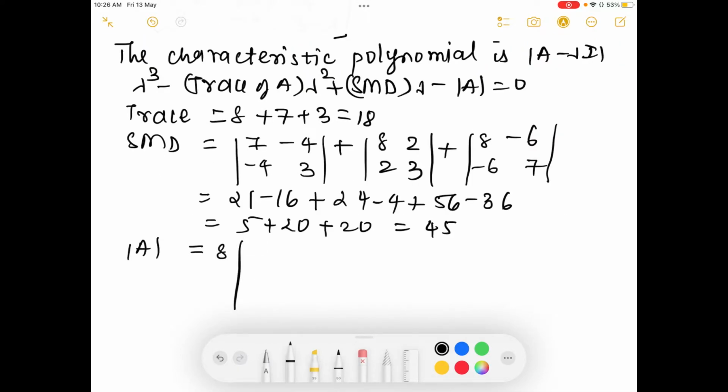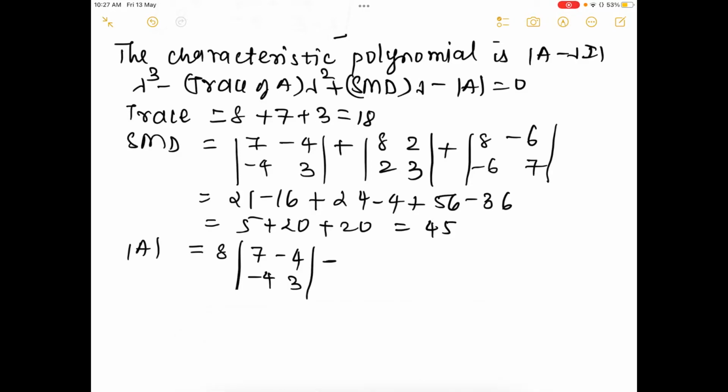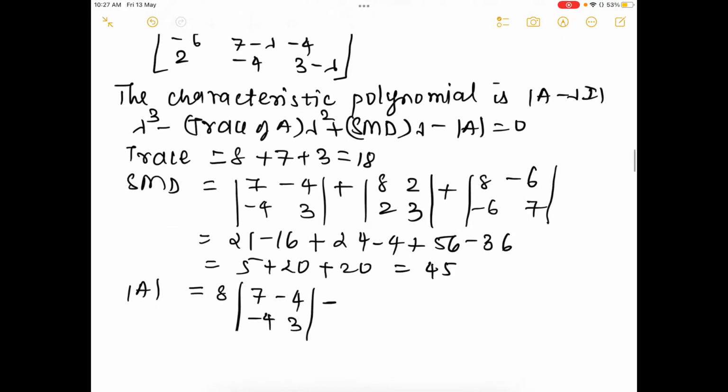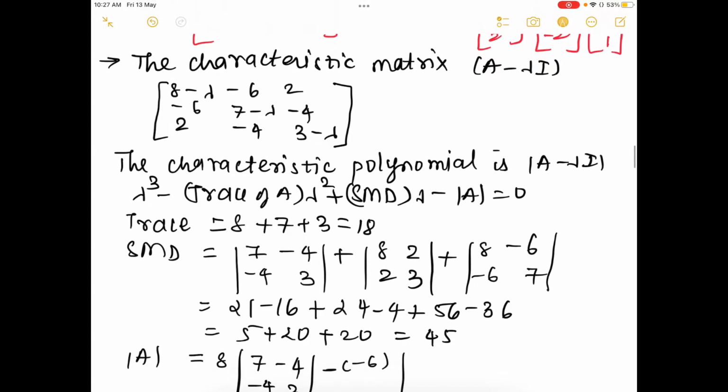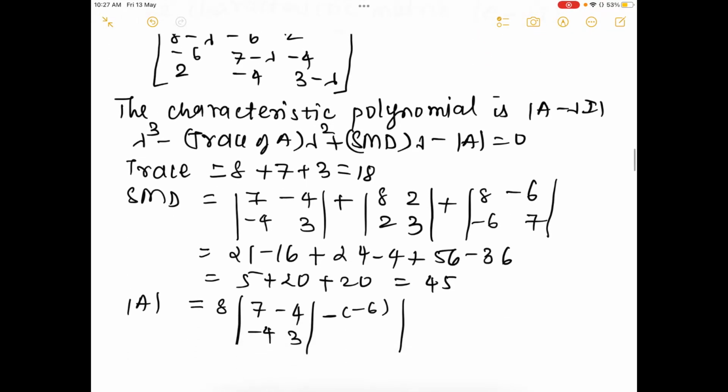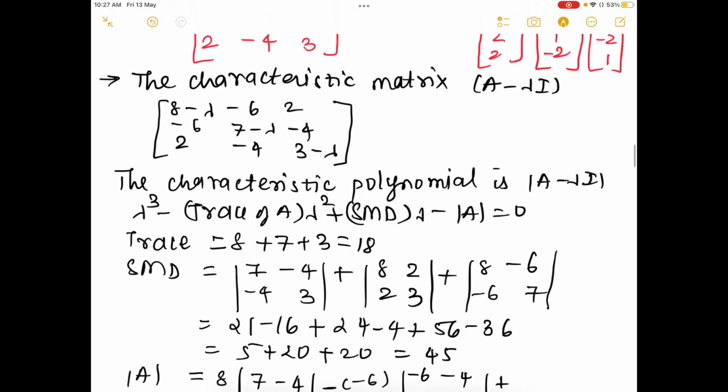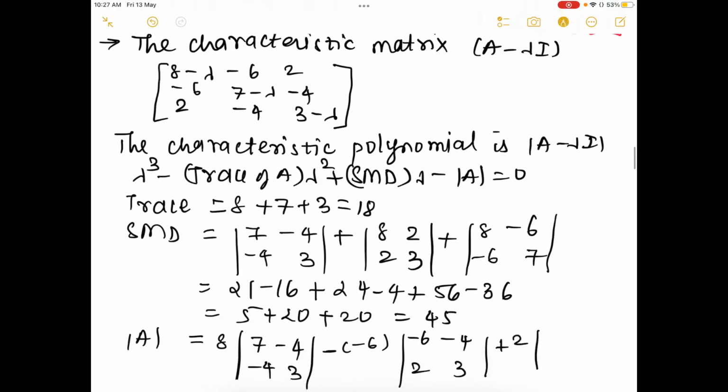Next we find the determinant of A, which will be equal to 8 times [7, -4; -4, 3], then we have minus of minus 6 times [-6, -4; 2, 3], plus 2 times [-6, 7; 2, -4].